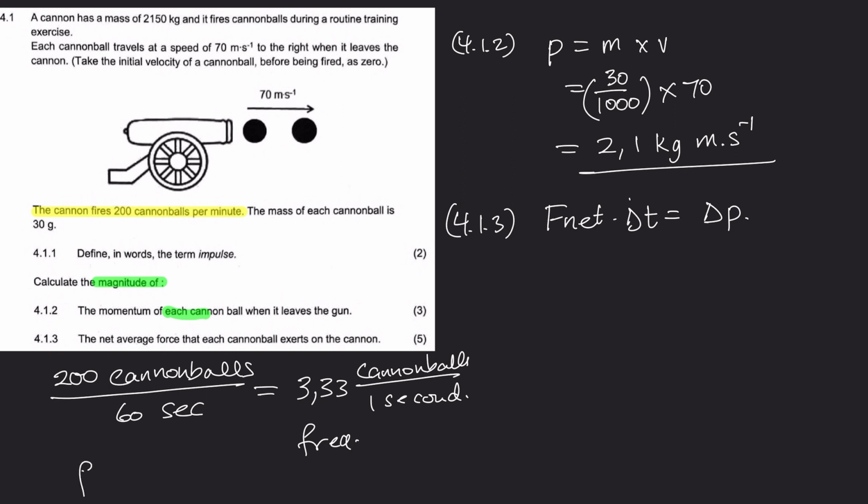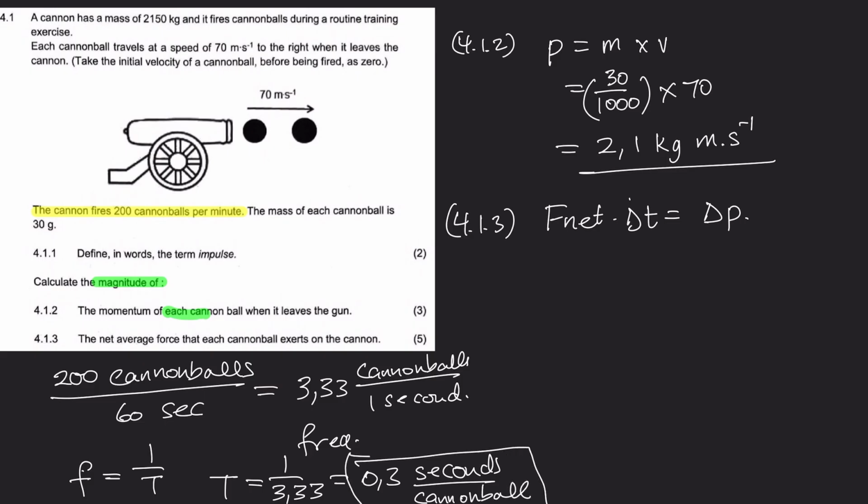If we have frequency and we want period, period is equal to 1 over frequency and frequency equals 1 over period. That means 1 over 3,33, and that's going to give me an answer of 0,3. So this is 0,3 seconds per cannonball. This is our contact time.